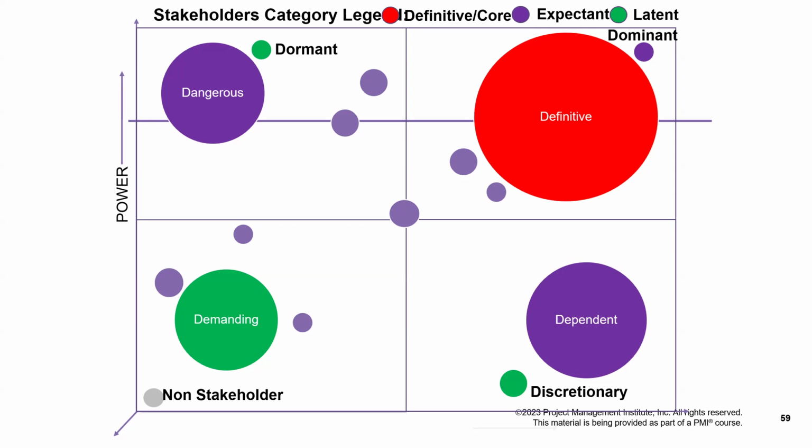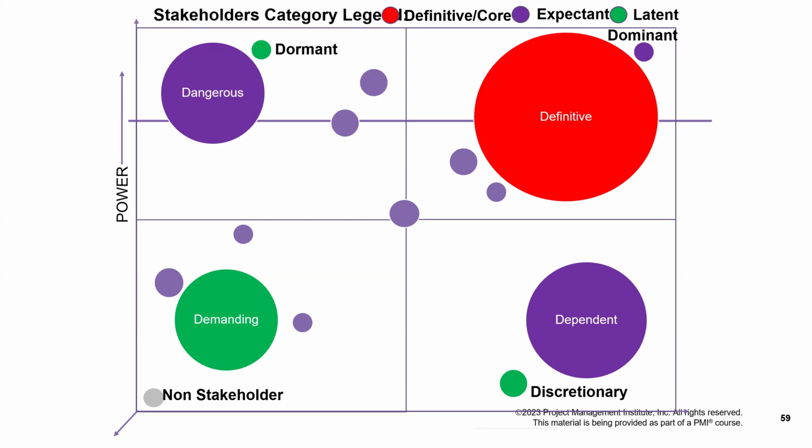So what are the big circles here? The definitive. If something which is high in urgency is a big bubble, then the definitive is located in the area which is high in power and high in legitimacy also. So this definitive bubble is core, right?